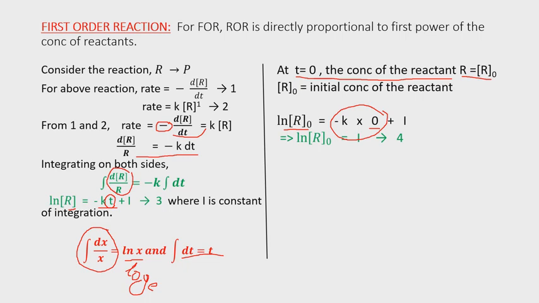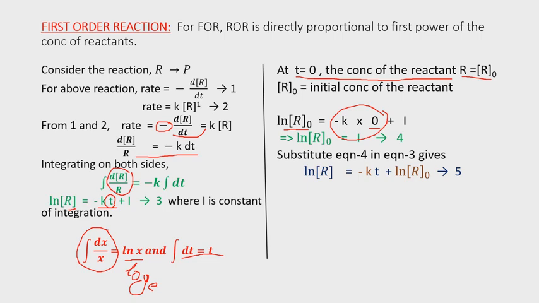So just substitute equation 4 in equation 3, and we will get one more equation. That is ln R equal to minus kt plus ln R naught. So we have derived it finally.